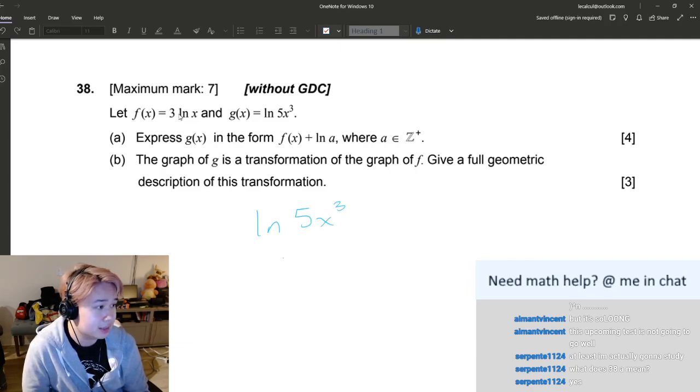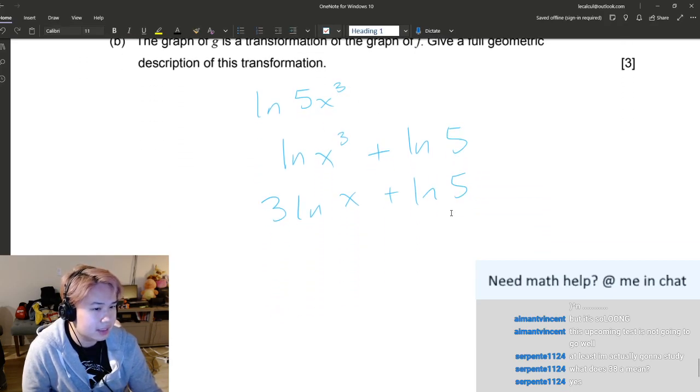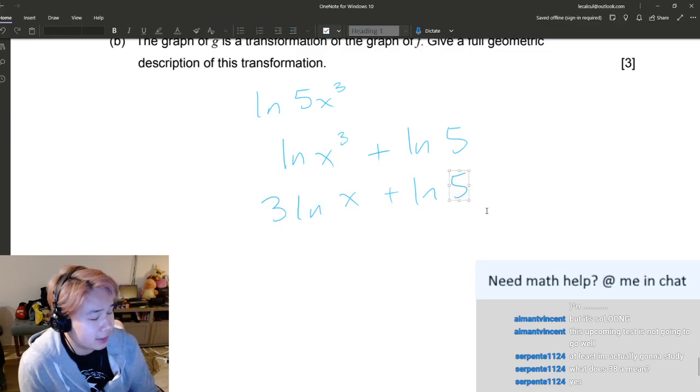So we can split this up into natural log x cubed plus natural log of 5, and then you can bring down the 3, and you're done. This is f of x, and this is that a value they're talking about.